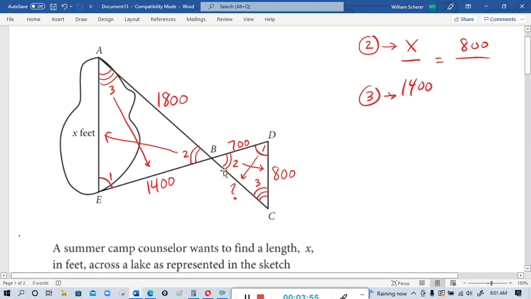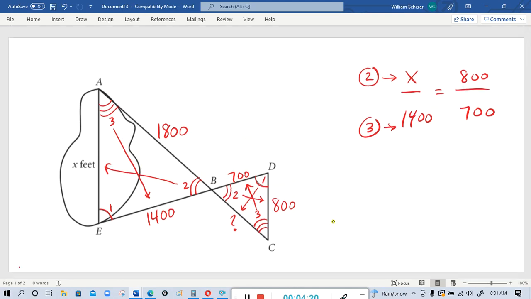And across from angle 3 on the small triangle, that's 700. It doesn't matter how you set up your fractions as long as you're consistent in the top and the bottom and from this fraction to this fraction. This one was the big triangle, and this one here was the small triangle.